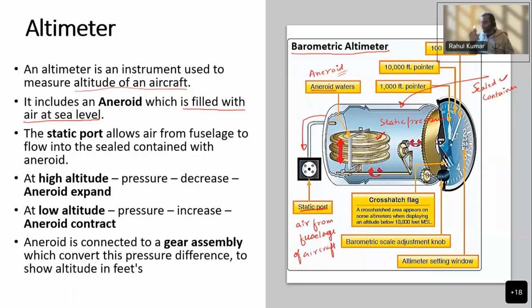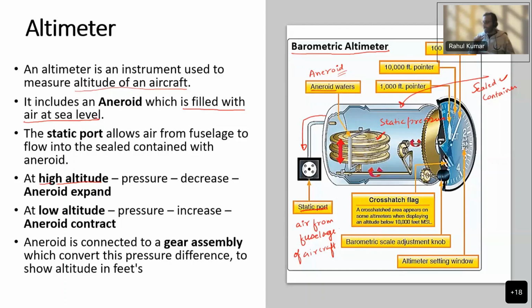That is the air which is not moving, but it will be the static pressure at a certain altitude at which the aircraft is flying. Now, if the aircraft is flying at a high altitude, then the pressure around the aneroid will be less.